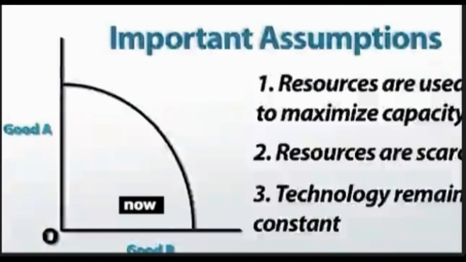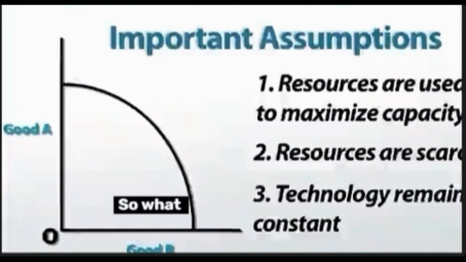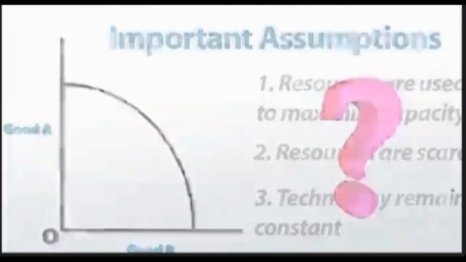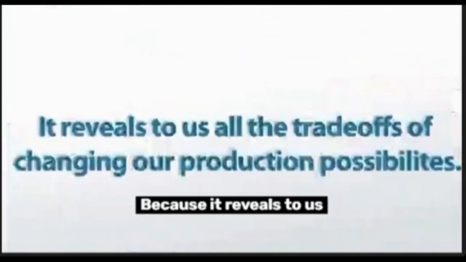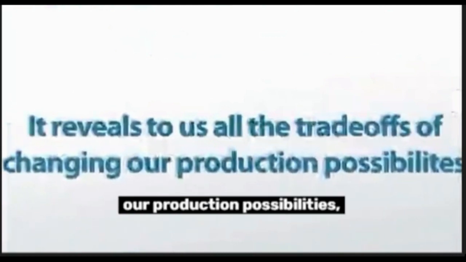We're also assuming right now that the technology we use to produce our goods isn't changing at all. So what are we really saying? If you're producing the right combination of two goods, then you're using your resources efficiently. Why is this important? Because it reveals to us all the trade-offs of changing our production possibilities.